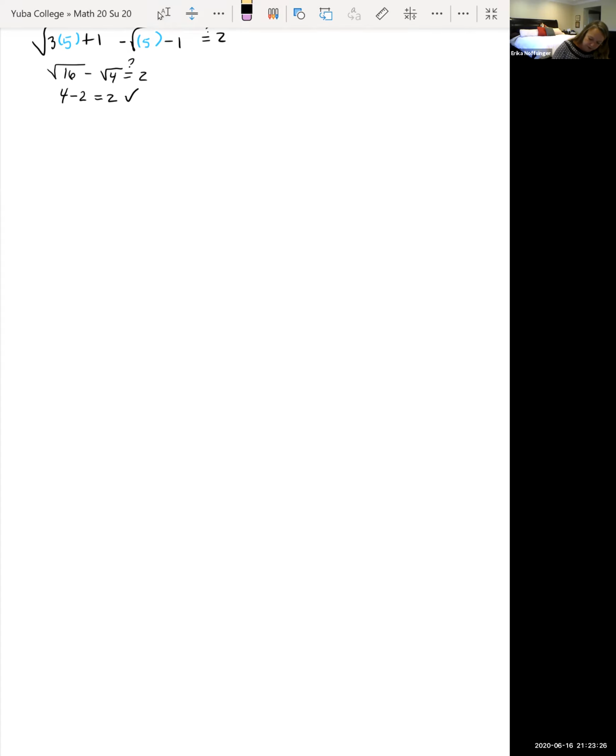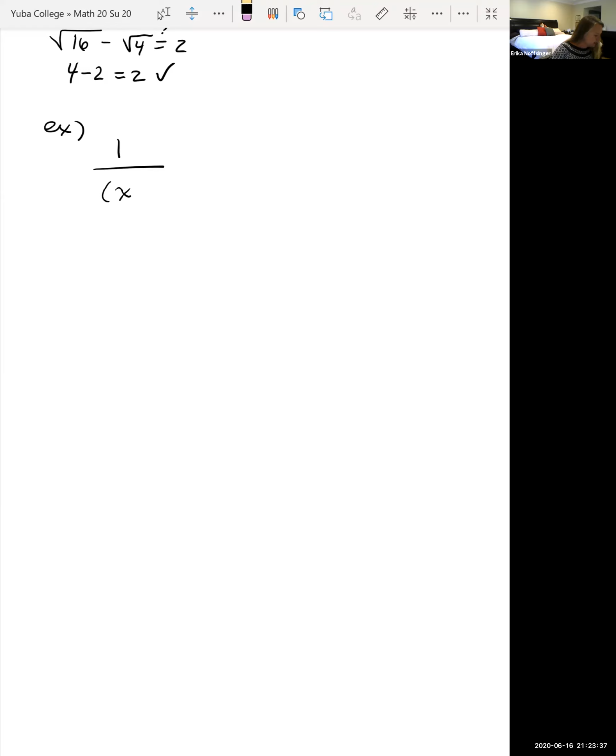We have 1 all over parentheses x plus 6 quantity squared is equal to 1 over x plus 6 plus 12.